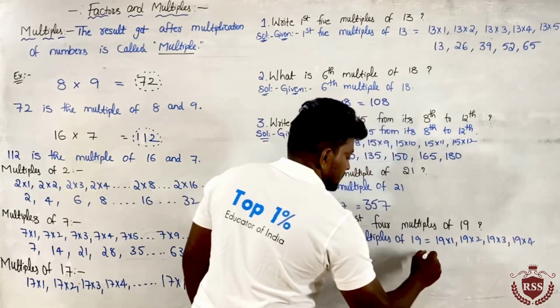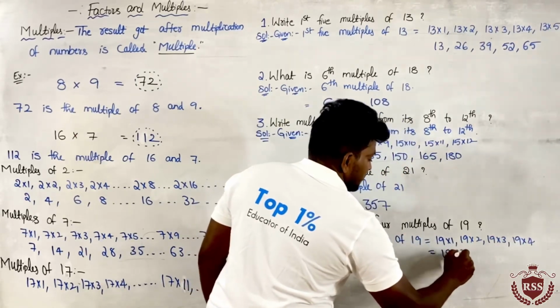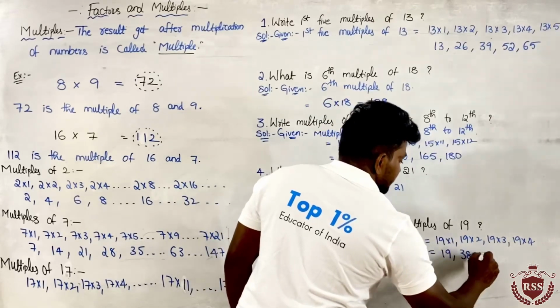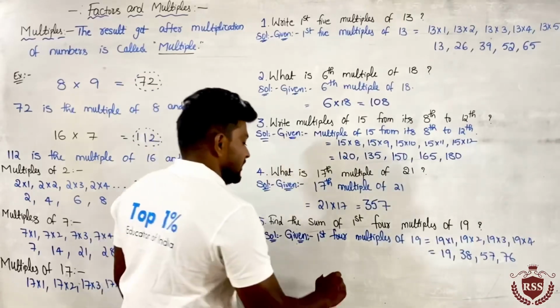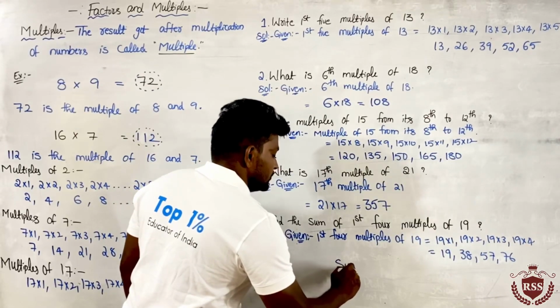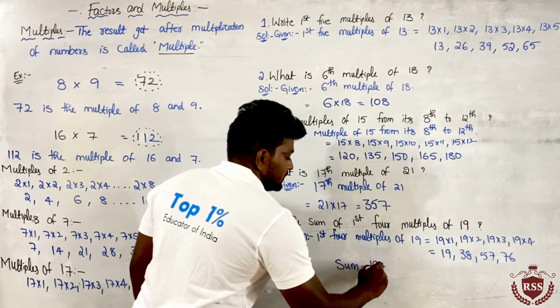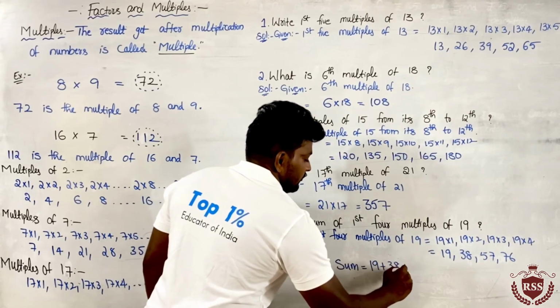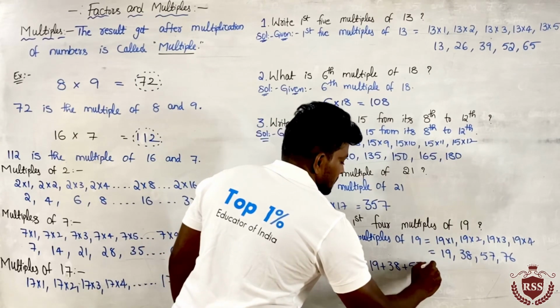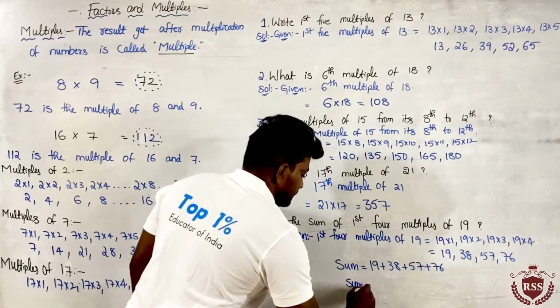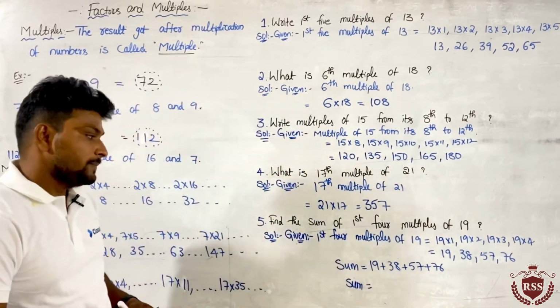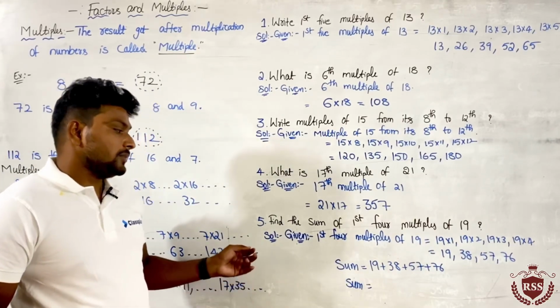So what are those? 19, 38, 57 and 76. Okay, ఆ తర్వాత ఏం చేయాలి, we need to find the sum: 19 plus 38 plus 57 plus 76. They are asking about the sum. So sum చేసి ఆన్సర్ పెట్టాలి మీరే. ఓకే, అర్థమవుతుందా అన్న?